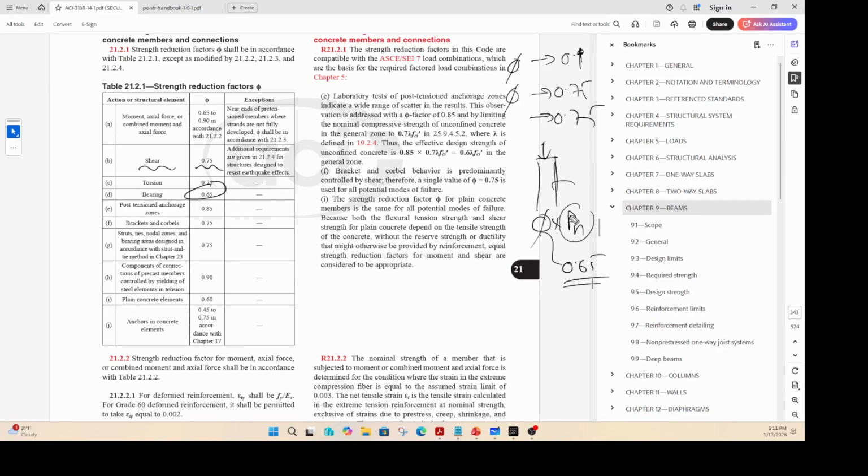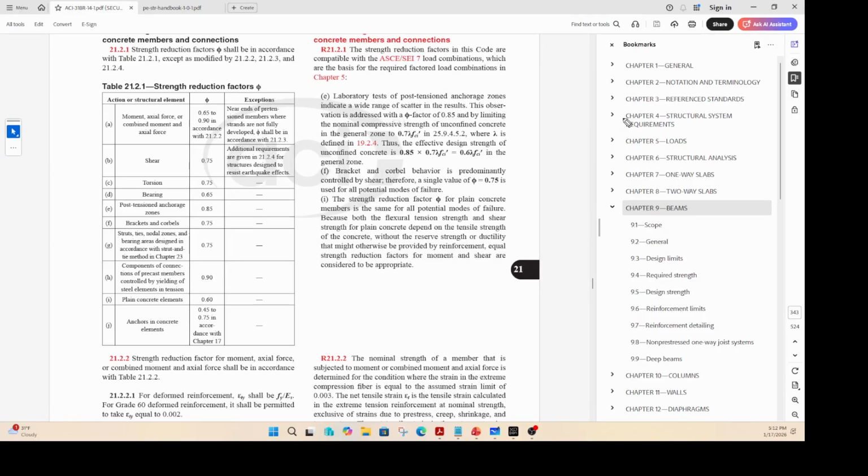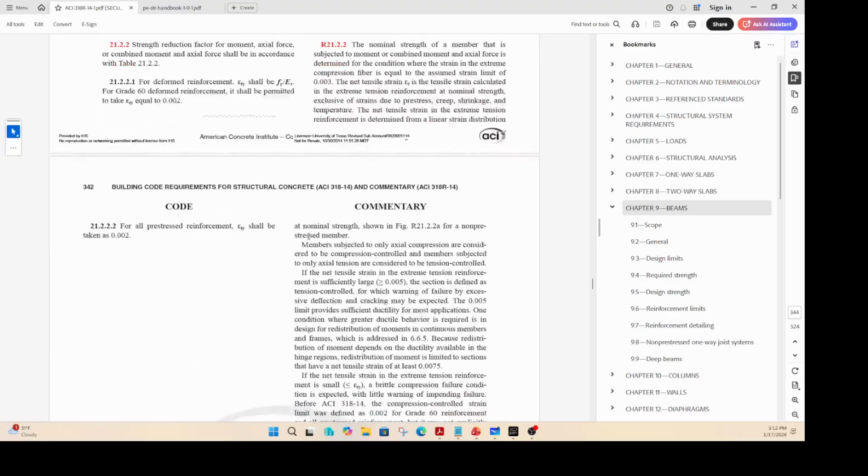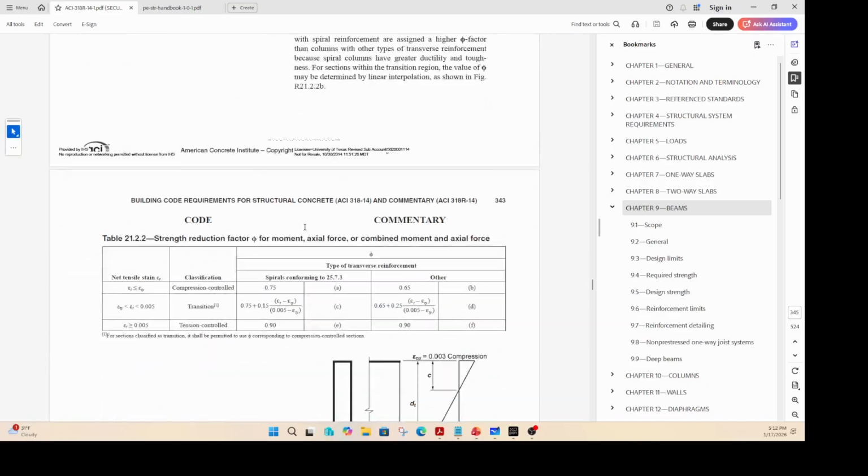So we reduce the strength by a much larger factor than what we do for bending and shear. Okay. Anyway, in short, you have a table here, and depending on the scenario, you can pick up the strength reduction factor. Most of the time, it is pretty straightforward. So that is strength reduction factor.